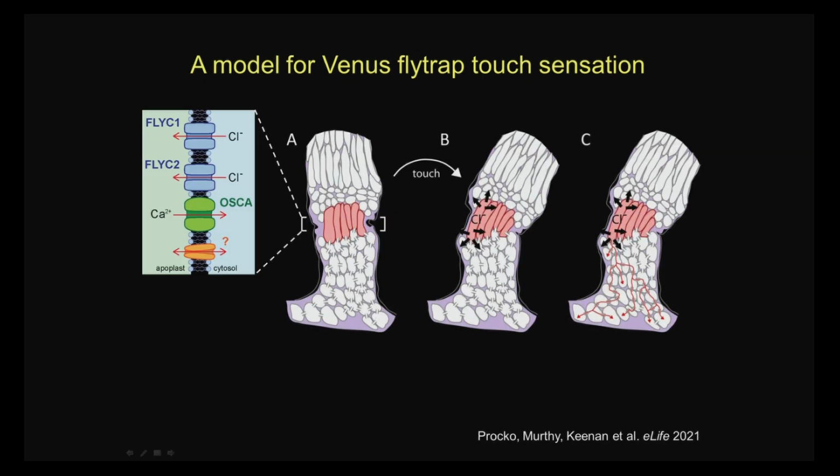And so the model which we proposed, right, is that bending of this trigger hair at this region here, where FlyC1, FlyC2, Oscar, and perhaps as yet other unidentified ion channels are expressed, causes membrane stretch there. This opens the ion channels. You get the movement of ions then across the membrane.